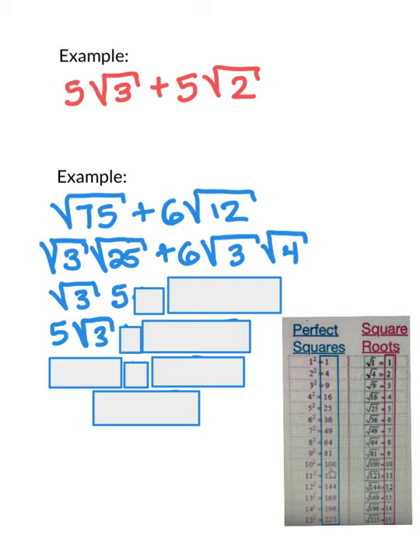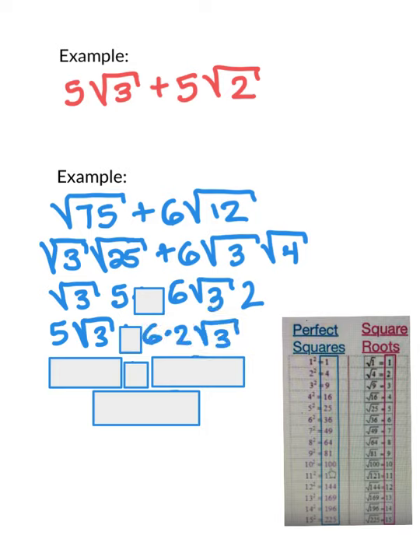And so now we have 6 square roots of 3 times 2. Mathematicians like to put the whole numbers first, so 6, and then we put the 2 in the front, and then we still have the square root of 3.